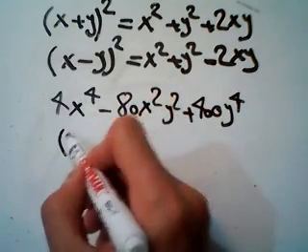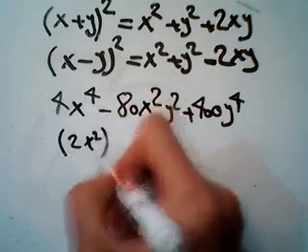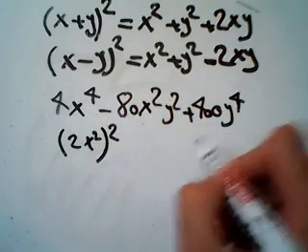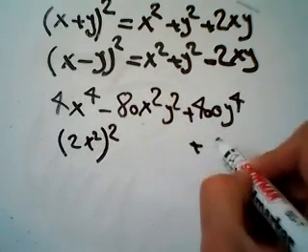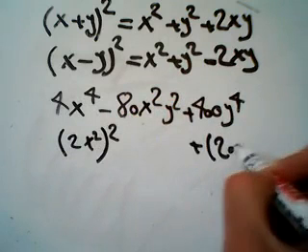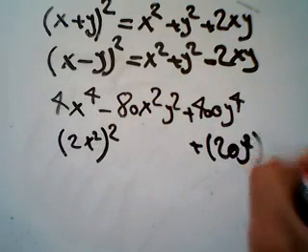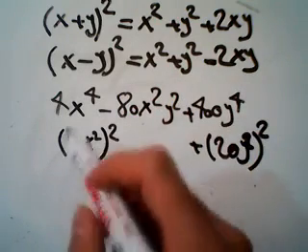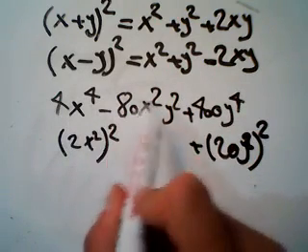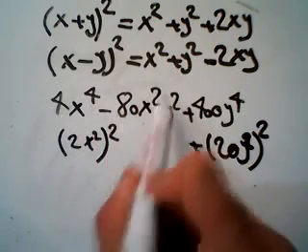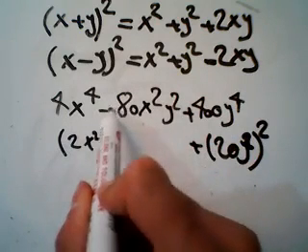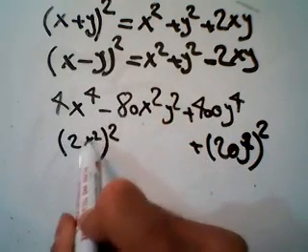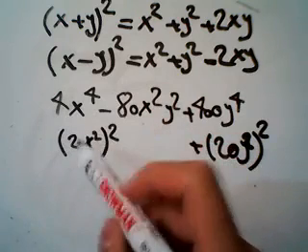This is 2x squared, squared, and this term is 20y squared, the whole thing squared. Let's check this one. This one should be minus the double of the first one times the second one.